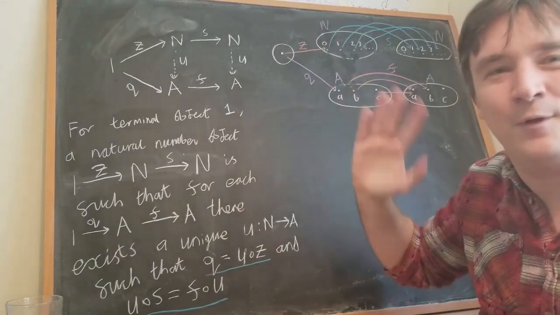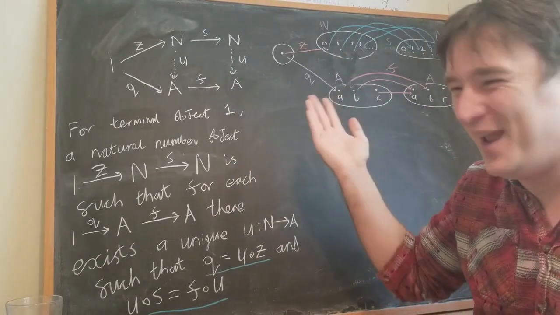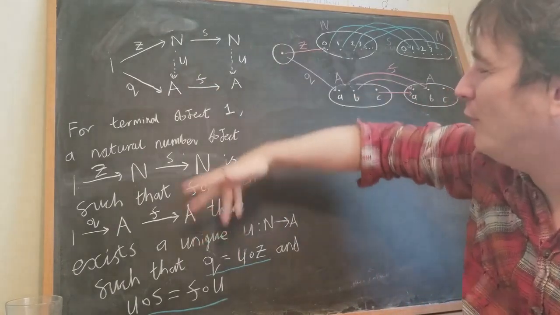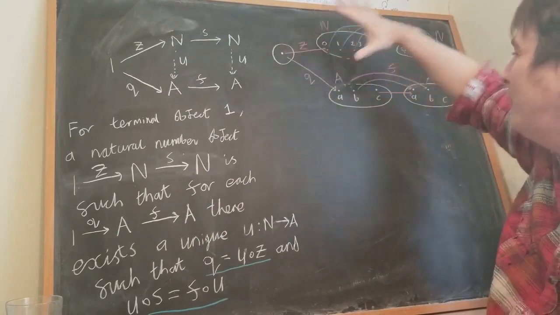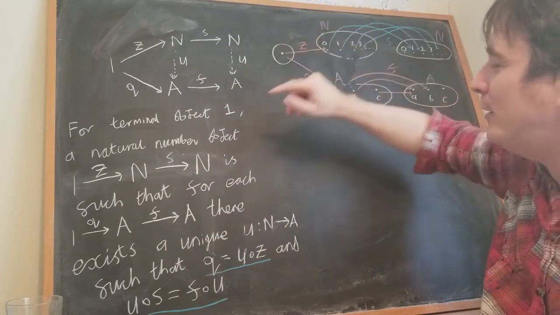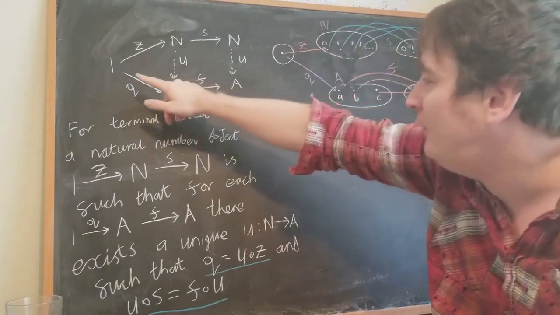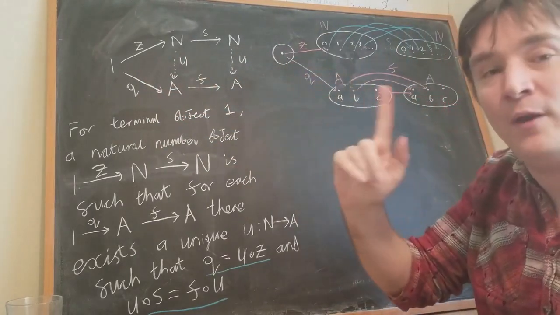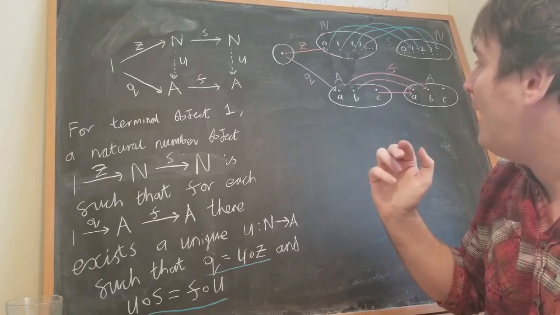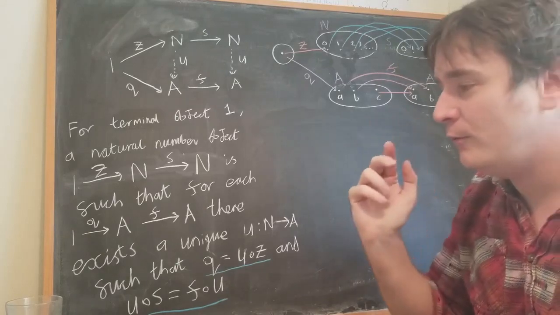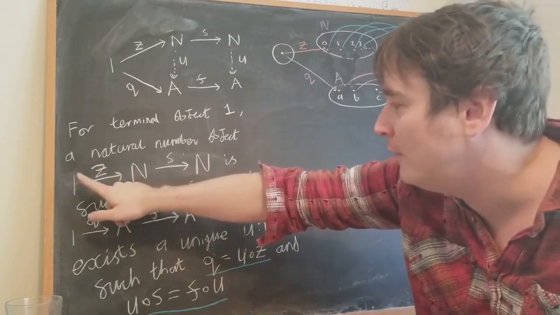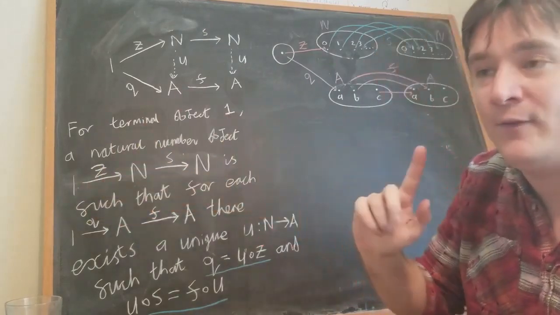So what does that mean? Let's interpret this stuff in the category Set. Remember, a terminal object in the category Set is a singleton set, just a set with one element. And remember the way that arrows out of the terminal object work in Set.